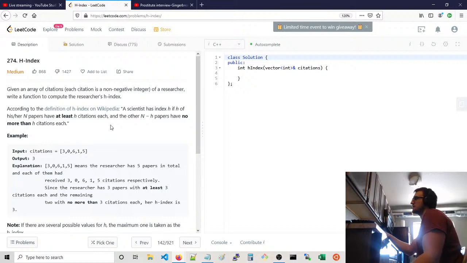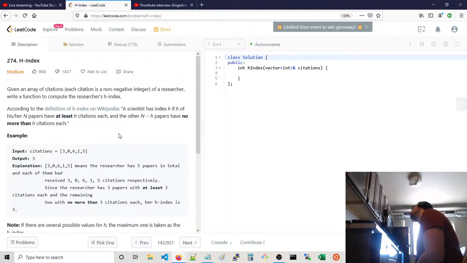Every array doesn't have an H number by this definition, if that makes sense. In other words, there's N and H. Oh wait, no. Am I wrong?